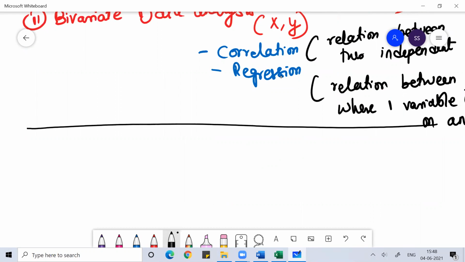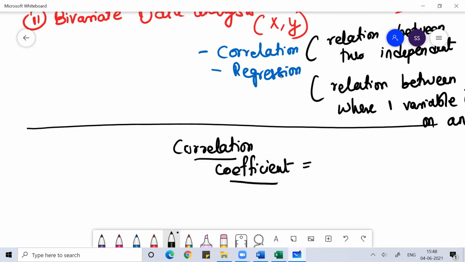The next thing we need to understand is the term called correlation coefficient. The correlation coefficient is the mathematical parameter which measures the correlation between the two variables.